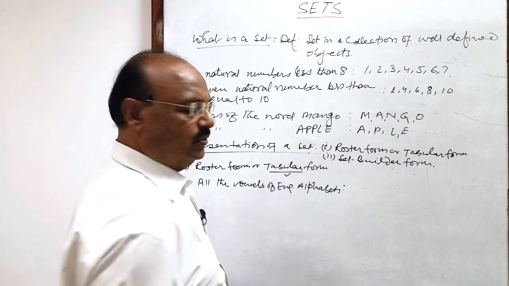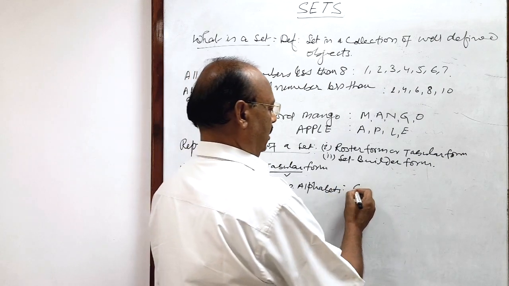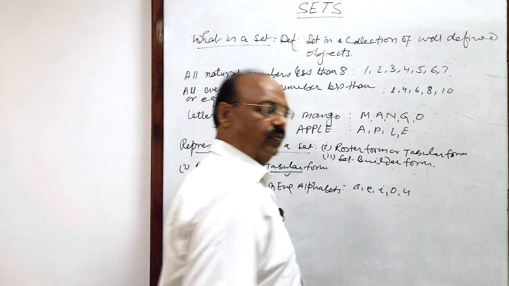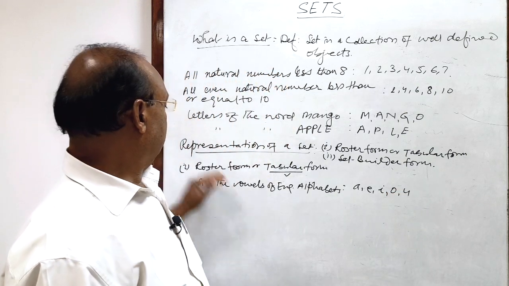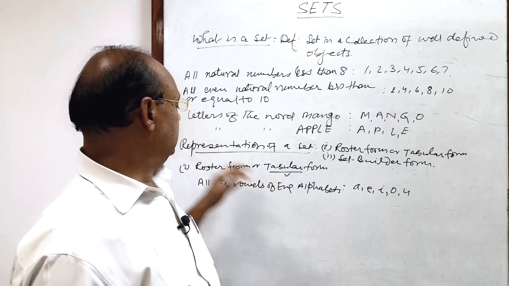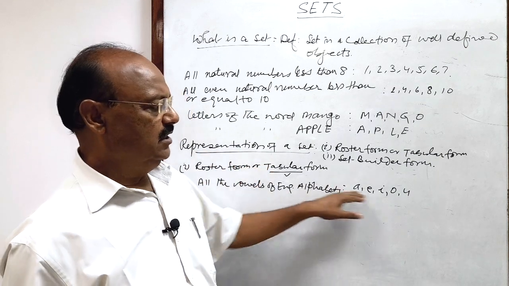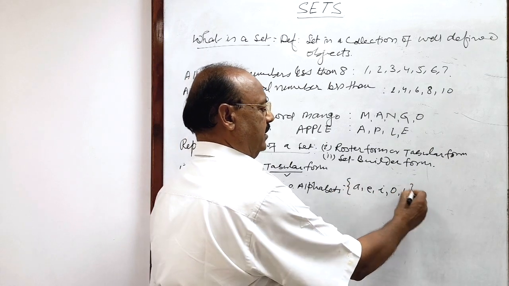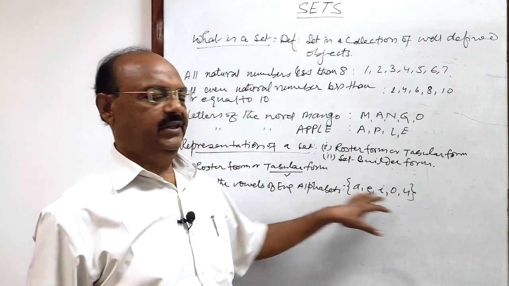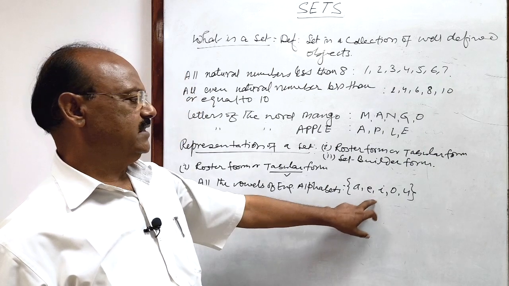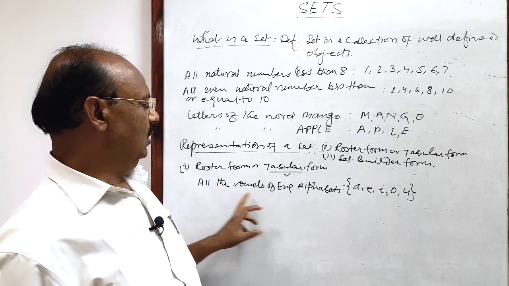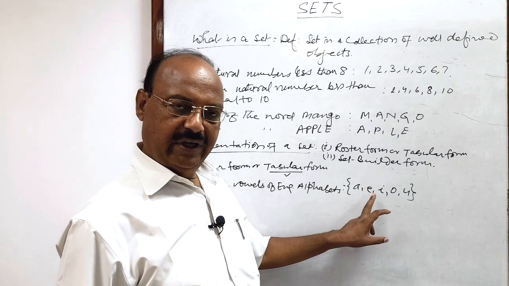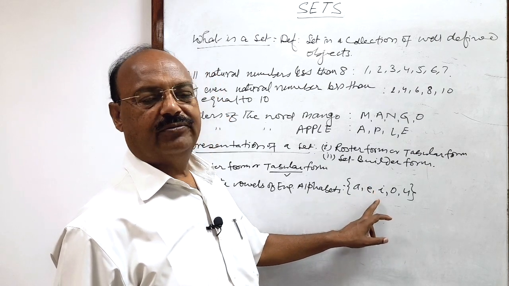So you know vowels are A, E, I, O, U, and for complete representation of a set, these elements, these objects will be kept inside a curly bracket. This is the way of representing a set. So this is a set of all the vowels of English alphabets in which form? Tabular form or roster form.